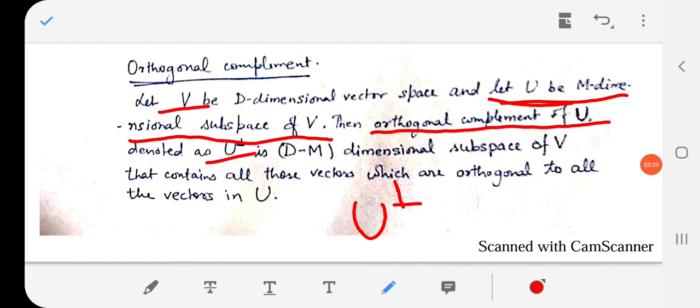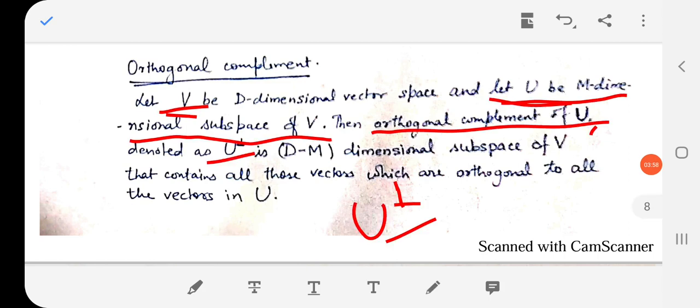It is the set of all the elements of vector space V that are orthogonal to each and every element of U. So that is the U orthogonal complement, or U perpendicular. You can use either notation.